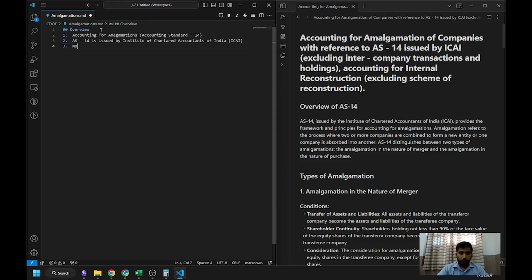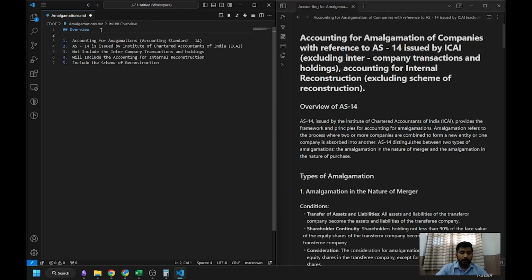This will not include the intercompany transactions and holdings. It will include the accounting for internal reconstruction but exclude the scheme of reconstruction. Okay, so this is the basic overview, and this is what we will be learning in this topic.